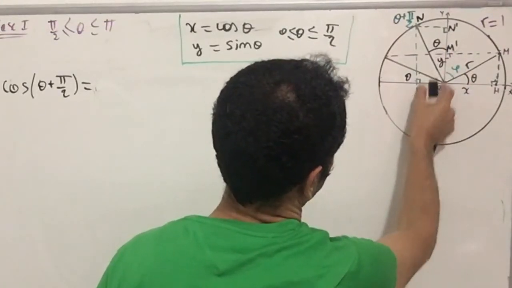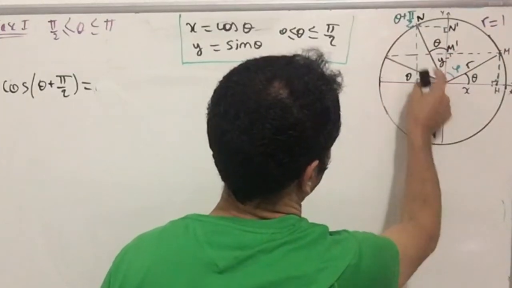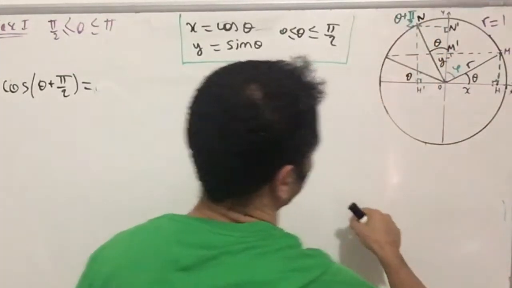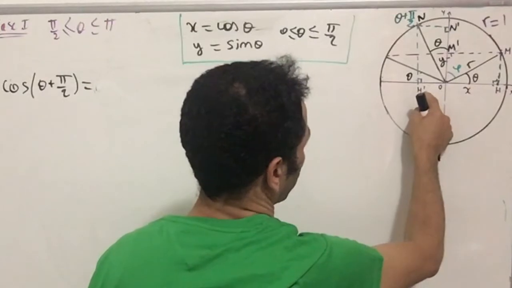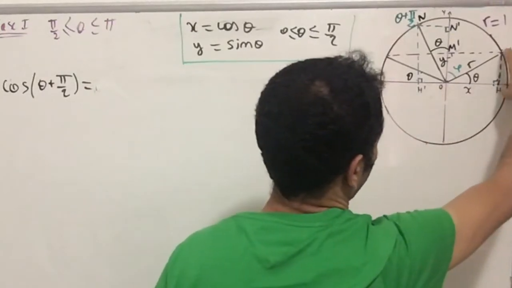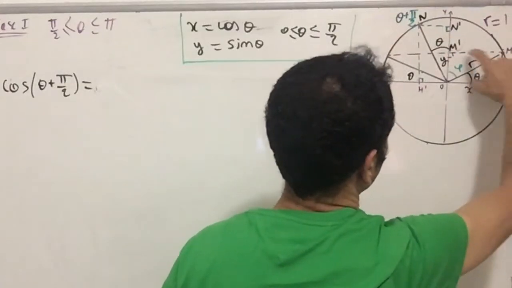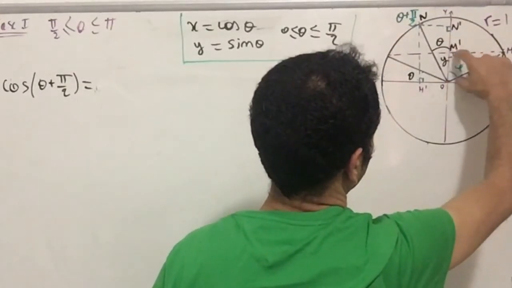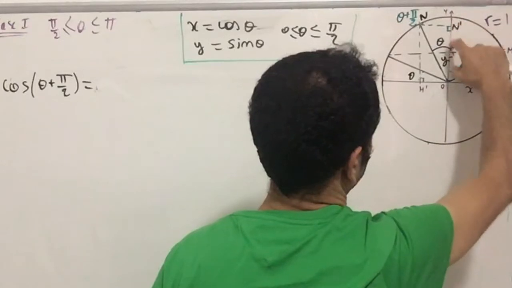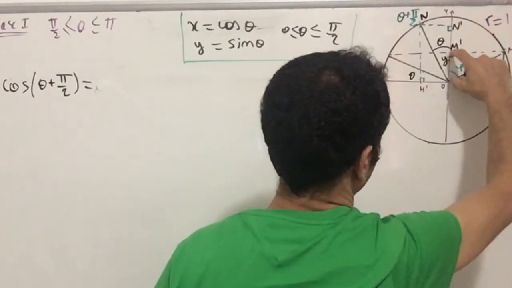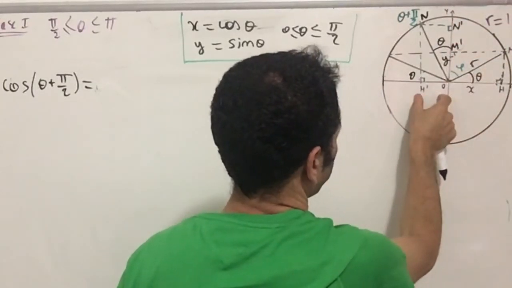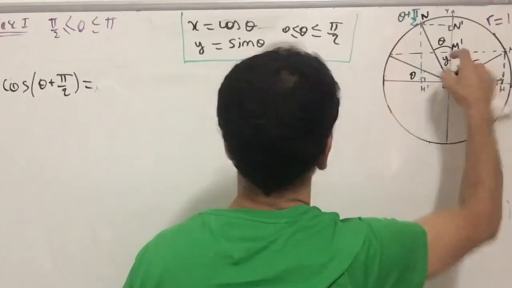I'm looking for this distance because it represents cosine at this point theta plus pi over 2. OH prime equals this distance MH due to the congruence of both triangles. MH is y, by doing the extension on the vertical axis. So this distance that I'm looking for, OH prime, which represents cosine, is y.